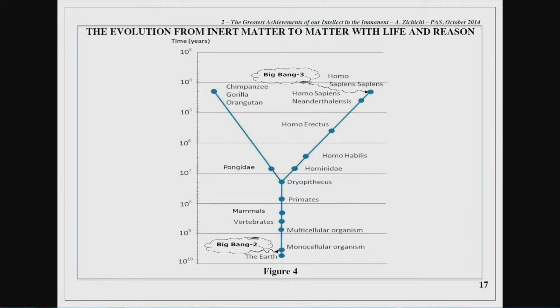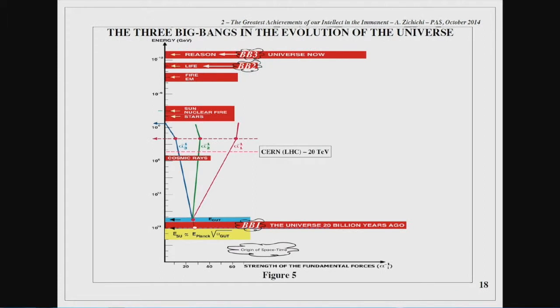On the vertical axis, there are from billion years to 1 year. And here is energy. The Big Bang 1 is at the bottom. And if you look at the top, you see Big Bang 2, Big Bang 3, in terms of energy. Could we exist if the temperature was not the value indicated at BB2 and BB3?